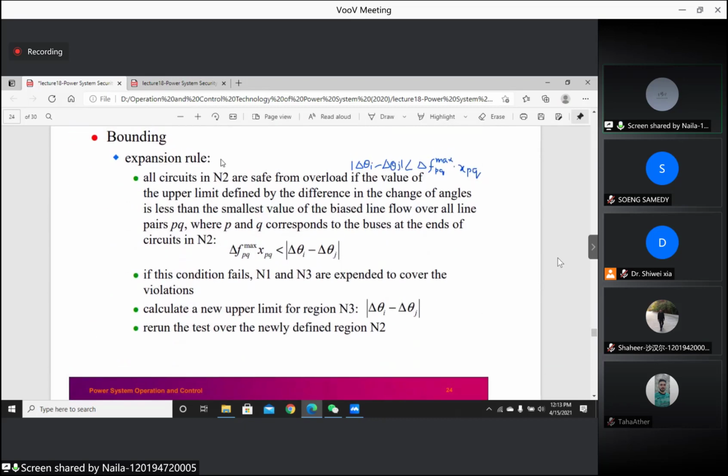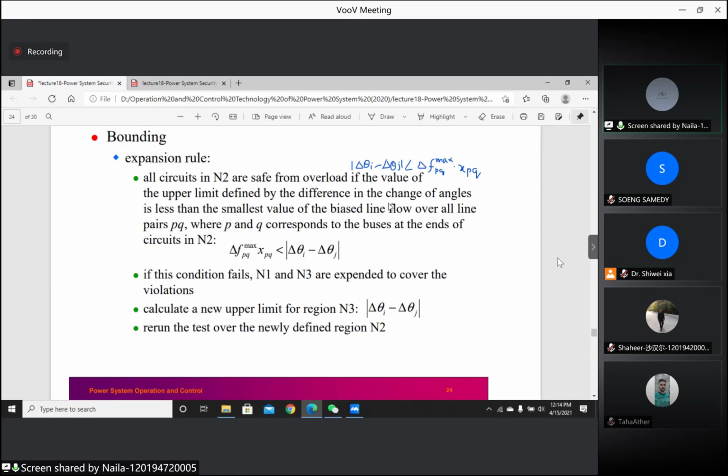Further, we have the expansion rule. It is the same as we discussed earlier. All the circuits in N2 are safe from overload if the value of the upper limit defined by the difference in the change of their angle is less than the smallest value of the line flow limits over all the line pairs of PQ. This is the equation for the safe N2 region. If this condition is satisfied, then our N2 region is safe.